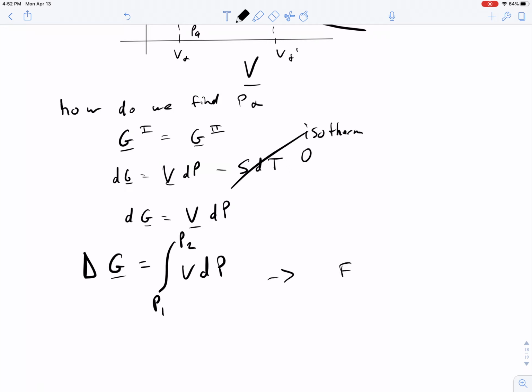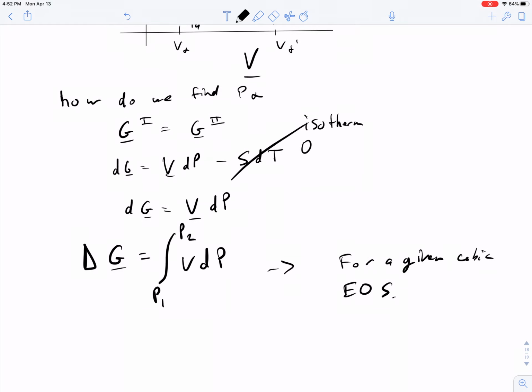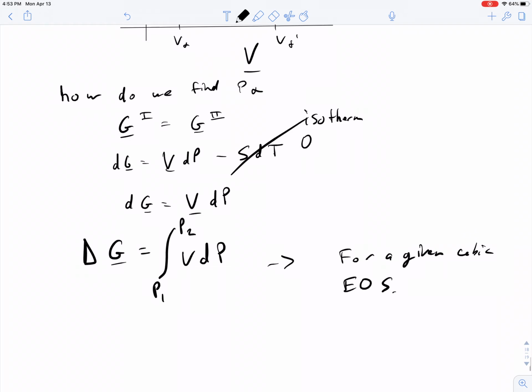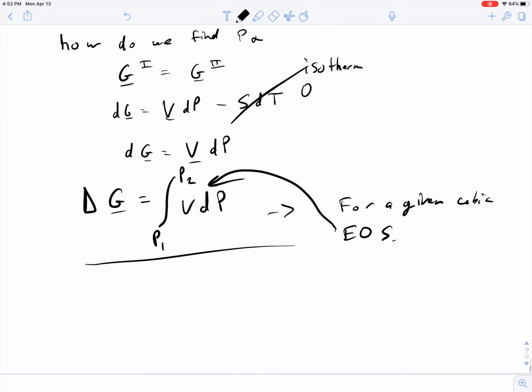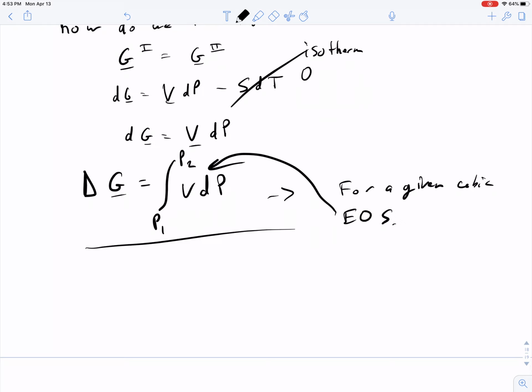So for a given cubic or other equation of state, we can't do this with the ideal gas equation of state because you'll never have more than one value for volume for any given pressure. We can use this approach by taking a cubic equation of state and plugging it into this integral equation. Let's just call this method 1.